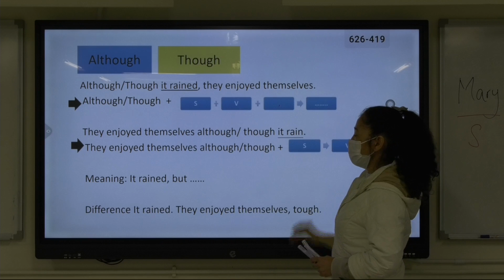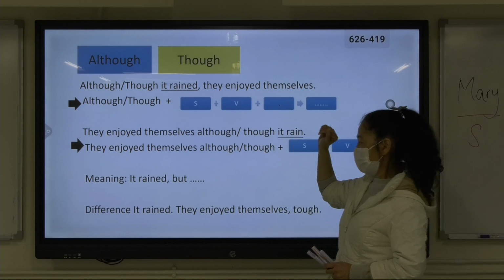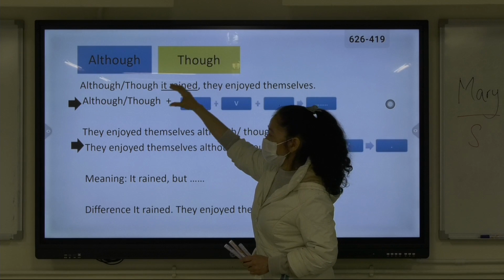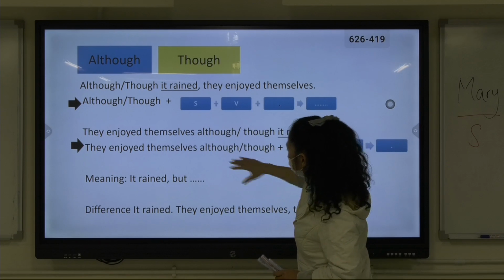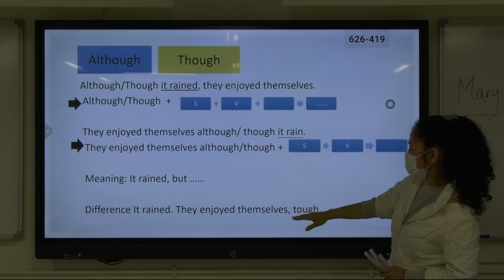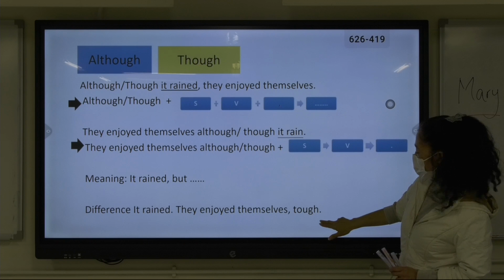Alright, so the meaning's the same. As for though, I did mention, though is a little bit different. Although and though can be put in the beginning, although and though can be put in the middle, only though can be put in the end.